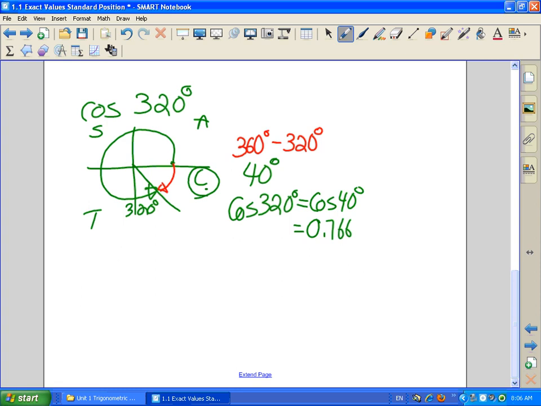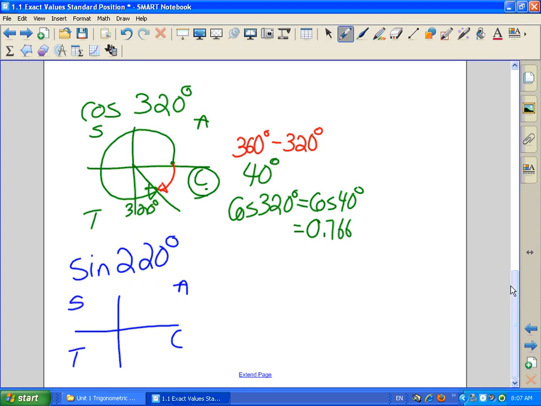Let's try one more. How about let's change it up and do the sine. So let's do the sine of 220 degrees. Okay, again, set up your CAST rule here, or your CAST values. Then again, start at your initial arm, which is right here. And we're going to make an angle counterclockwise 220 degrees, which goes there.